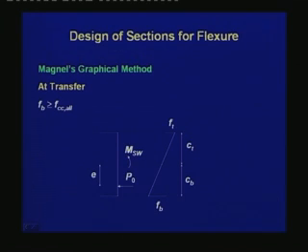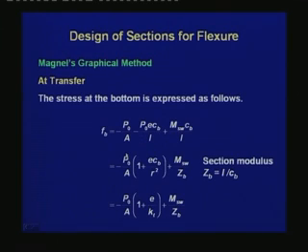The second stress condition at transfer is Fb has to be greater than Fcc allowable in an algebraic sense, because both these values are actually negative values. We are calculating the stress Fb just as before.